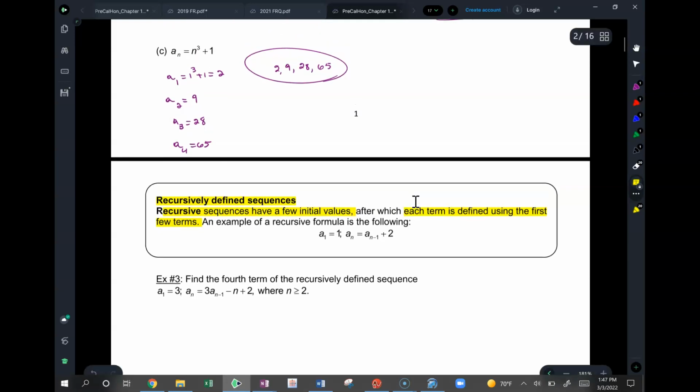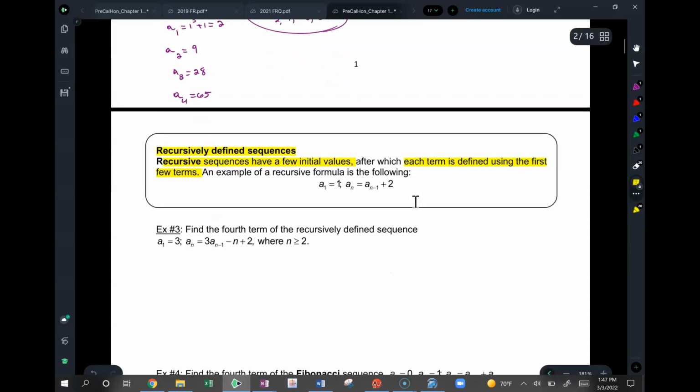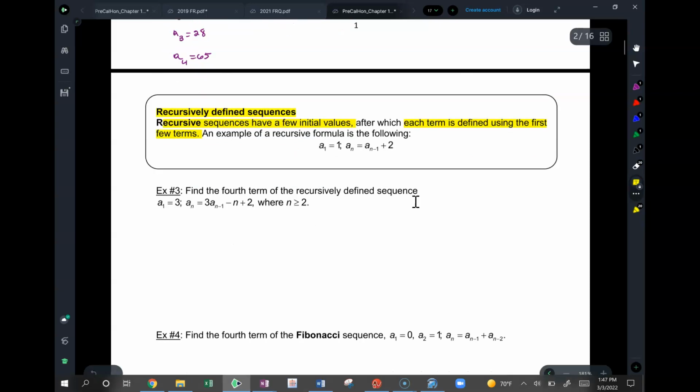So for example, here, when we had to find A1, A2, A3, A4, they were each independent of each other. But for recursively defined functions, in order to find the 4th term, you have to use the 3rd term. In order to find the 5th term, you have to use the 4th term, right? That's why it's recursive, right? Like going back, back, back.